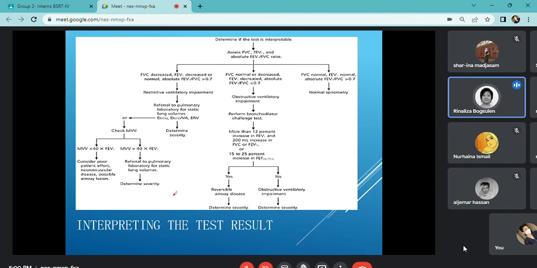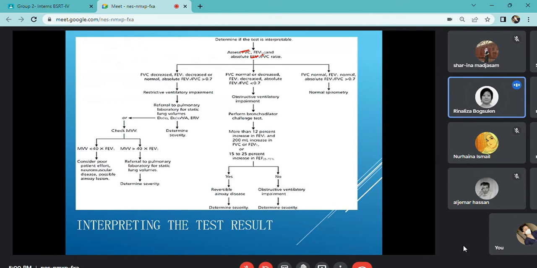Interpretation of your test. Again, look at your FVC and FEV1 over FVC ratio. Normal FVC, normal FEV1 over FVC ratio, normal FEV1: that is a normal PFT or normal spirometric measurement.